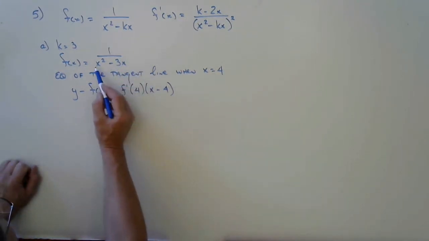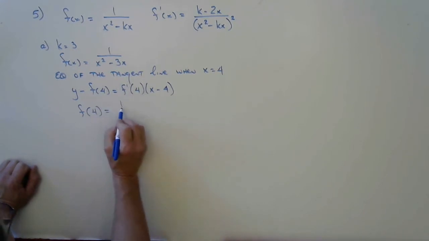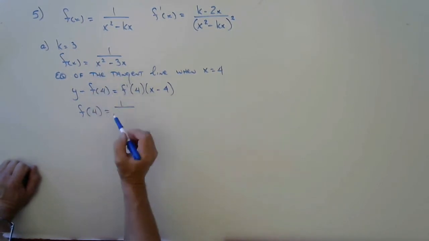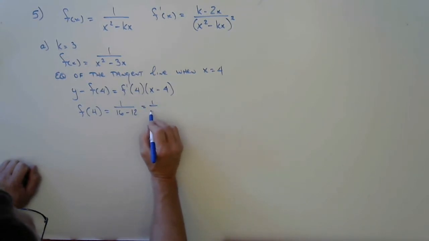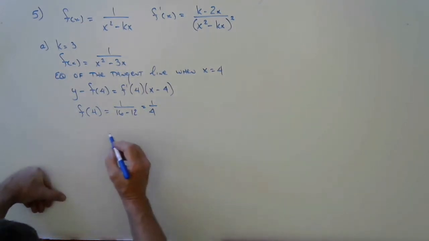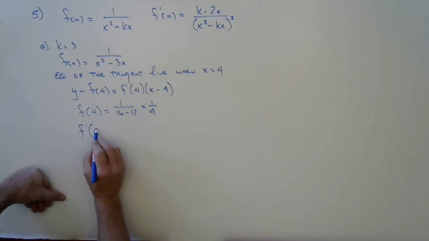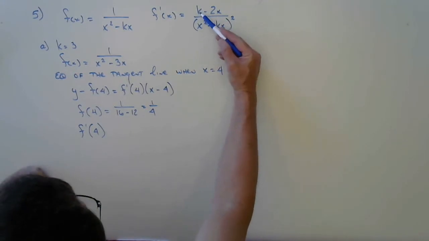I mean, that's literally what the question comes down to. So what do we get if we put a 4 in here? F of 4 is going to be 1 divided by 16 minus 12, or 1 over 4. And then f prime of 4. Now remember, this is our formula for f prime, but for us, k is 3.